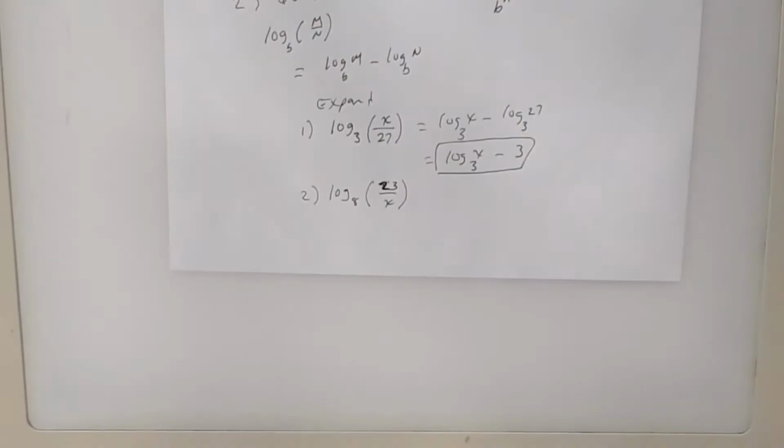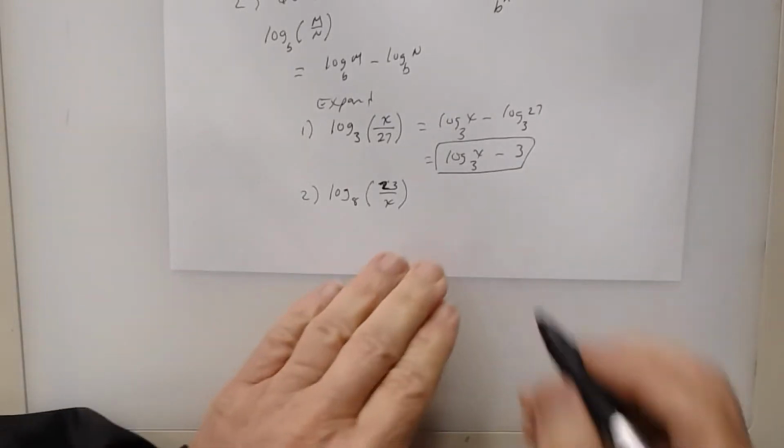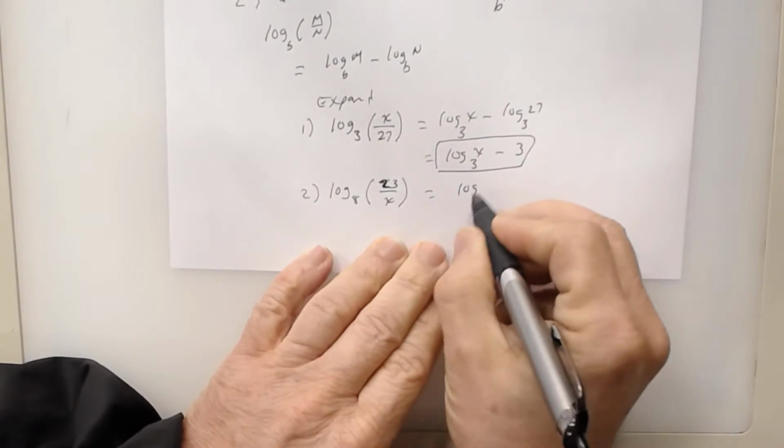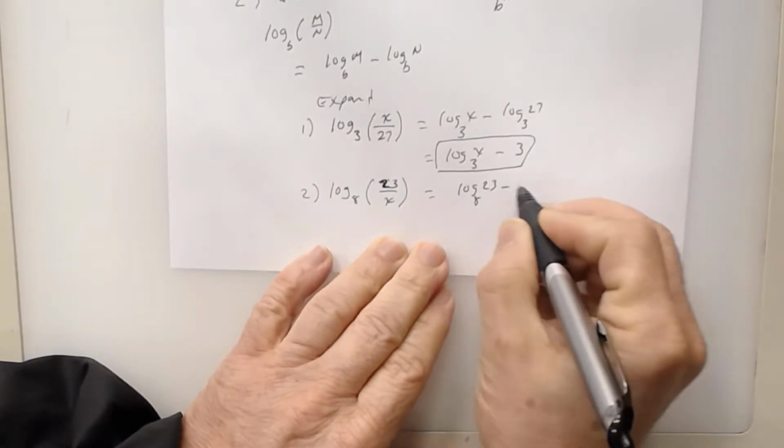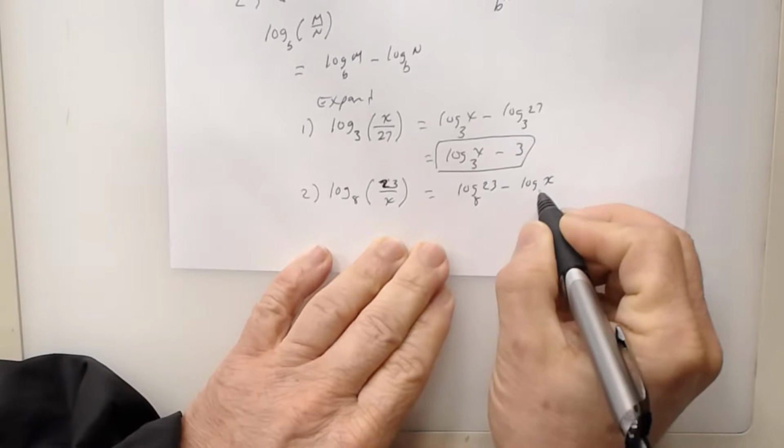The log of 23 divided by x, base 8. So first of all, you're going to expand it using what operation? Quotient. What operation? Subtraction, because you're taking the log of a quotient. So you're going to say that's going to equal what? Log of 23 base 8 minus log of x base 8.